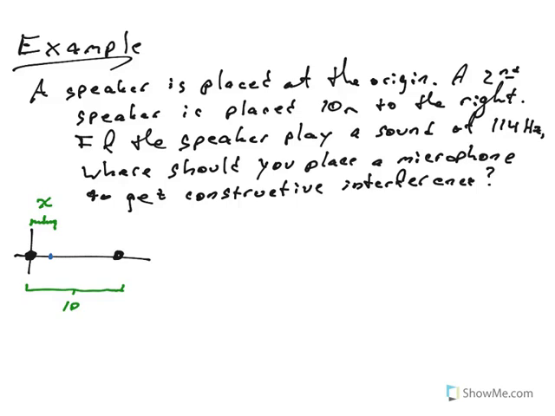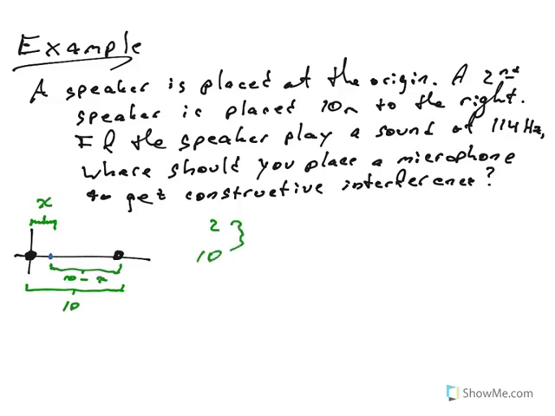Now that also means the distance from the microphone to the other speaker must be 10 minus X. Because say the microphone's at 2. If the microphone is at 2 from the left, then from the microphone to the other speaker, it needs to go all the way to 10.